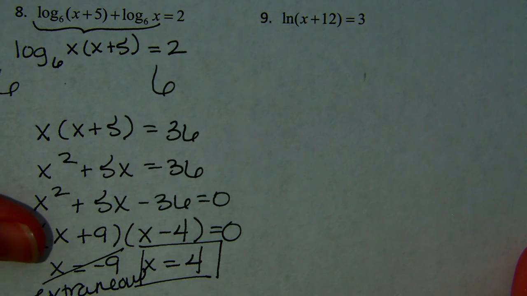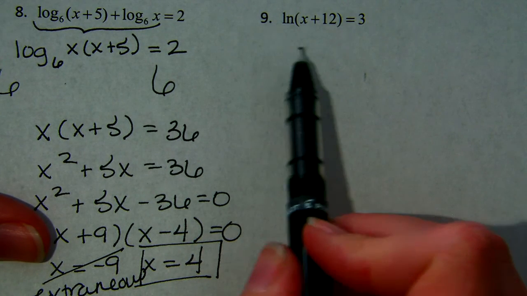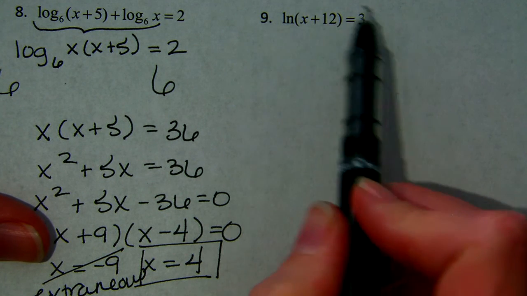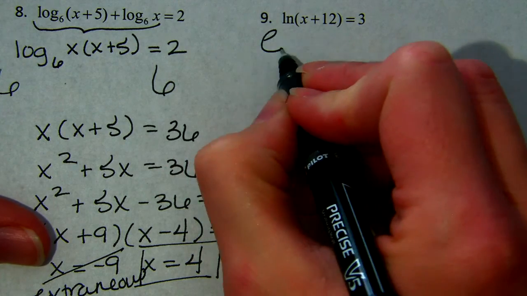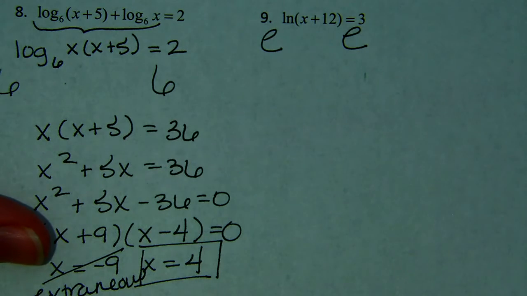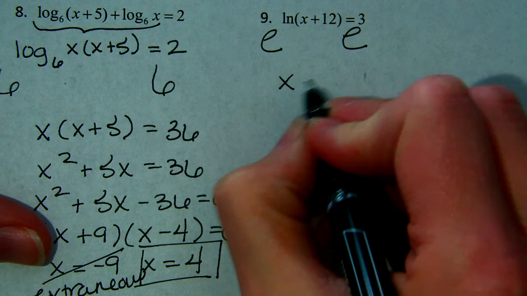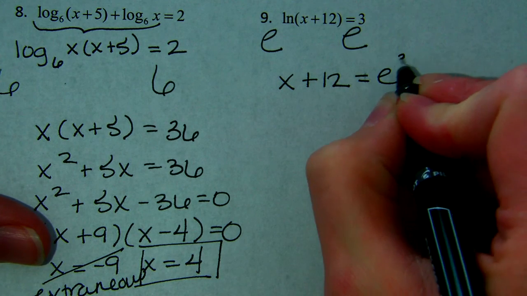All right. We also have this natural log right here, and we solved this one the same way we solved number 5, which is the one that was above it. This is, again, we use an e because it's a natural log. And so when we do that, we end up with x plus 12 is equal to e cubed.